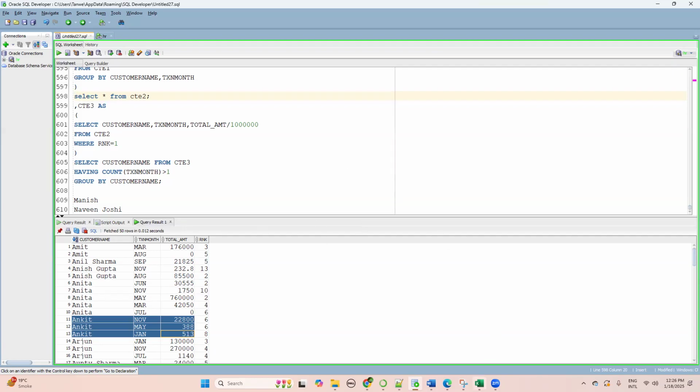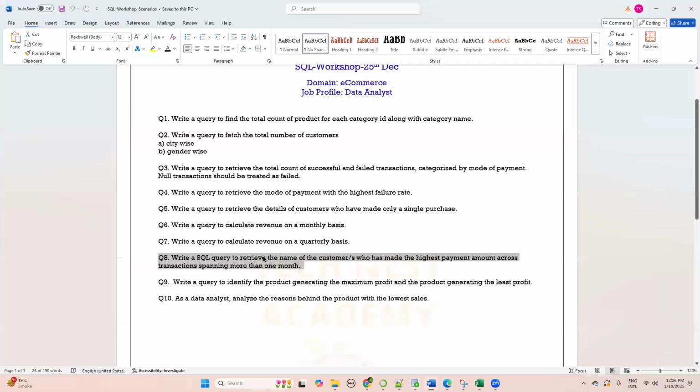Okay. So we have discussed which scenario now? Scenario 8 हो गया. Write a query to identify the product generating the maximum profit and the product generating the least profit. Now here you have to find the total revenue product wise. And then I again apply rank, dense rank equals 1 or less than. That's all.